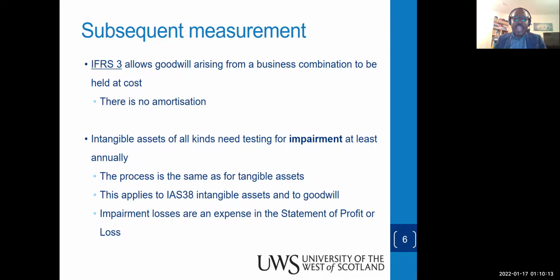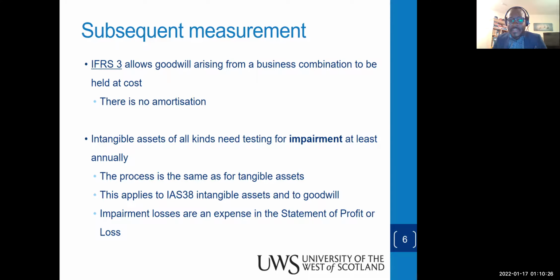Remember once again, IAS 38 deals with intangibles, IFRS 3 with goodwill. However, impairment of intangibles affects both IAS 38 and IFRS 3. Any impairment losses you incur, write them off to the income statement.